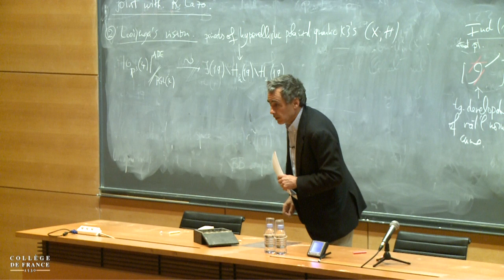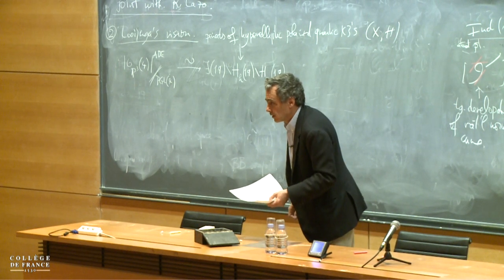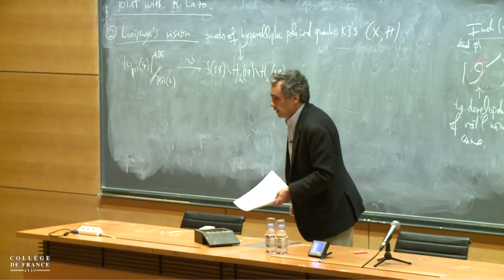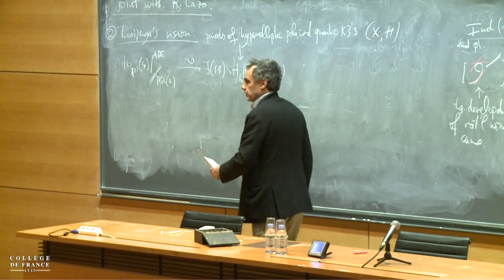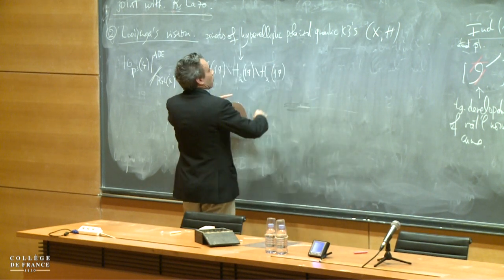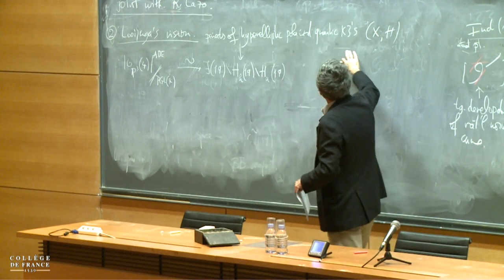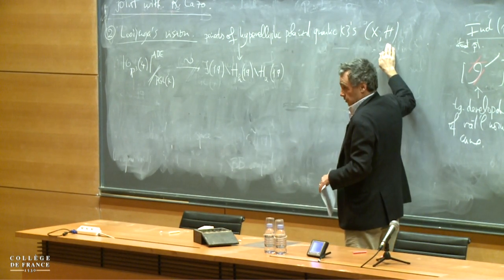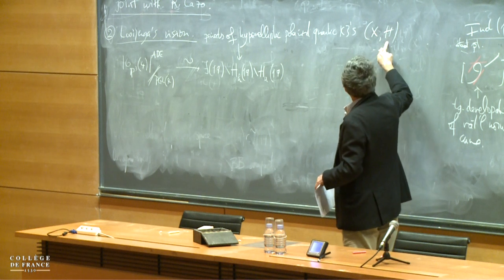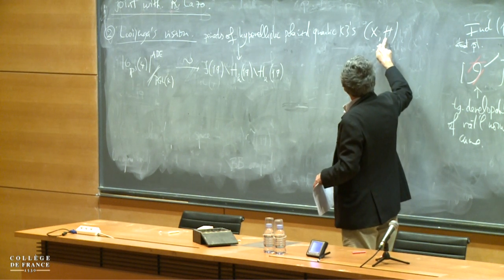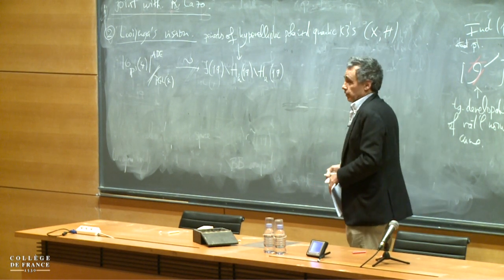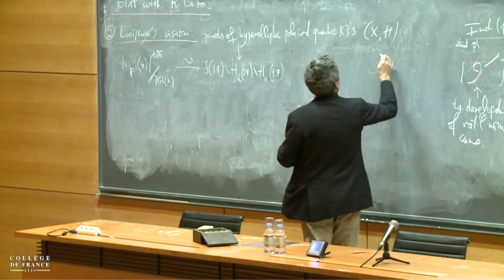What is a hyperelliptic? It's a double quadric. Yes, I was going to say in a second. So these are hyperelliptic polarized K3s of degree 4 with the property that if you look at the map associated to the complete linear system, it's a double cover of a quadric. Okay?